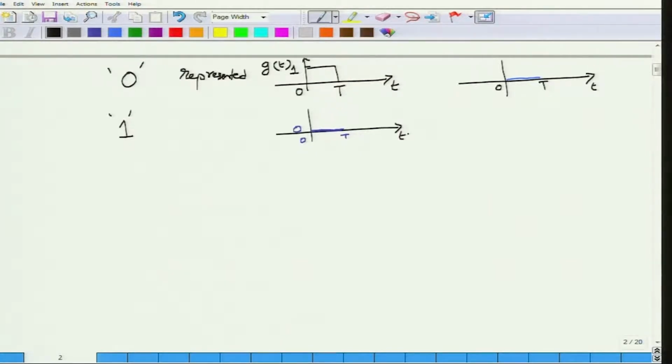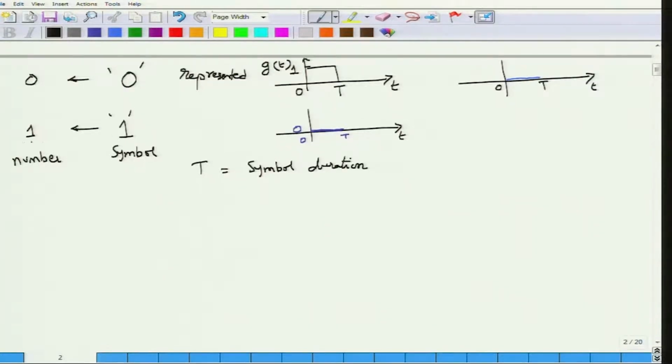Okay. So this T, which is the duration over which the waveform is representing a particular symbol, is called the symbol duration. Okay. If this symbol 0 is mapped to a binary digit, that is numerical 0, and if the symbol 1 is mapped to a binary number 1. Okay. So this is a symbol, this is a number. To denote the difference between a symbol and a number, I have used the inverted commas.